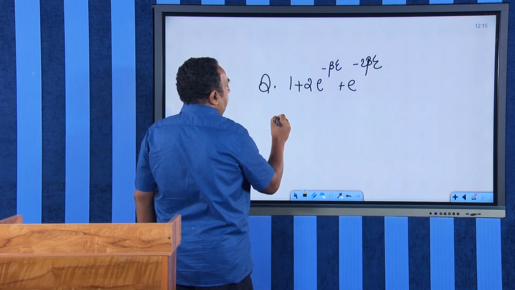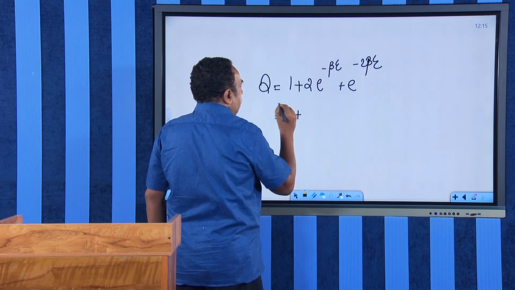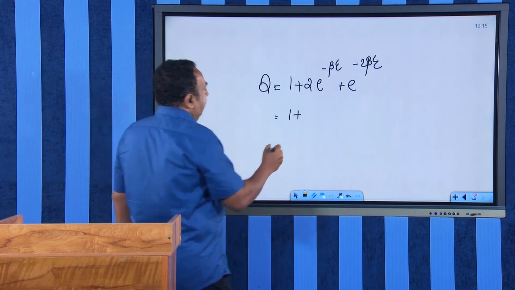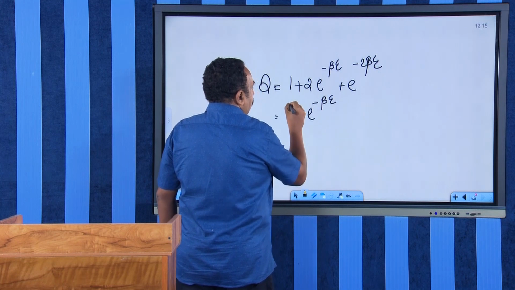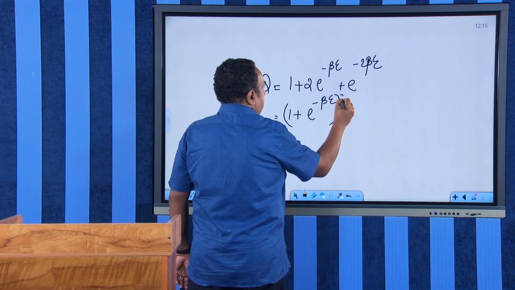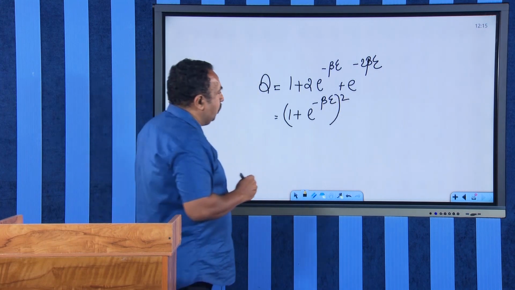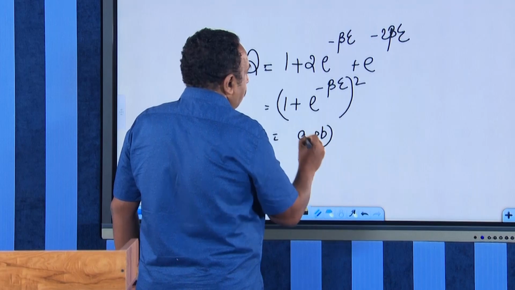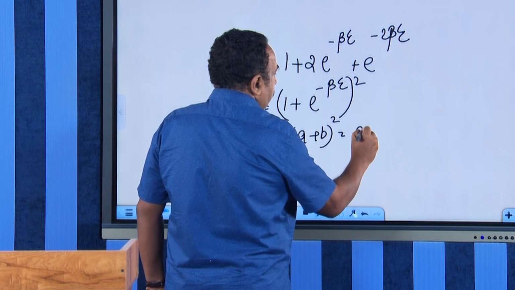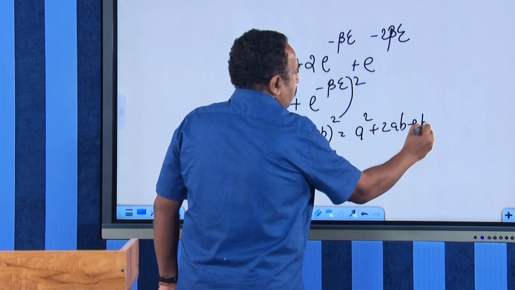Actually, this you will be able to get in your third choice: 1 plus e raised to minus beta epsilon, whole square. If I take (1 plus e raised to minus beta epsilon) whole square, which is like (a plus b) whole square, equal to a square plus 2ab plus b square.